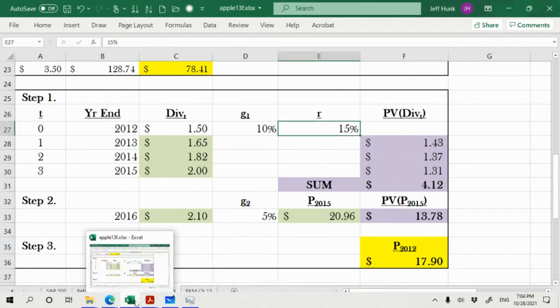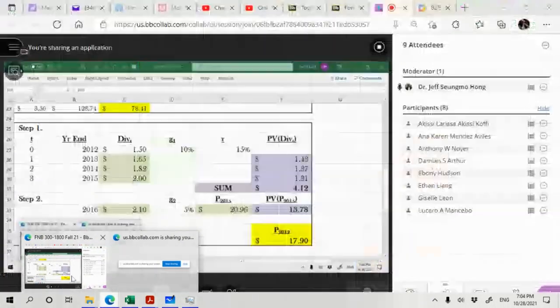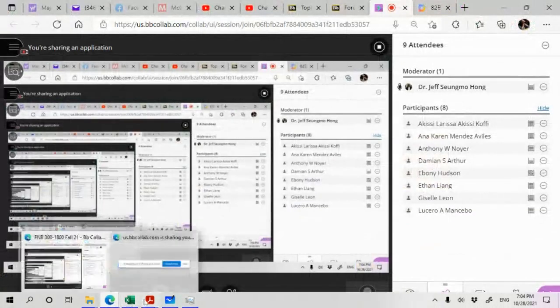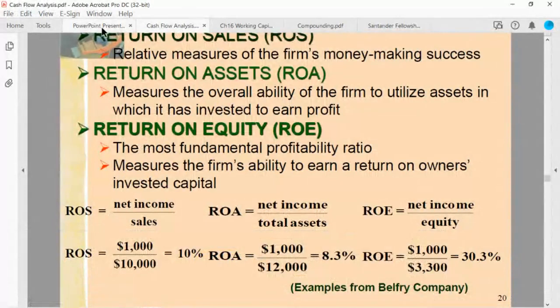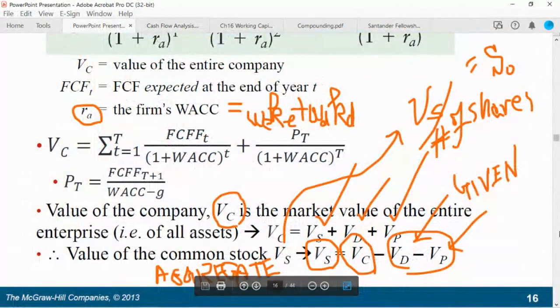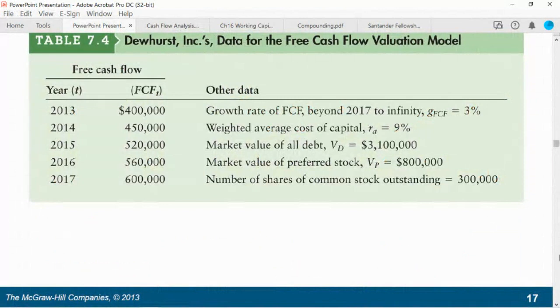So let's do the example. There are more advanced examples, but let's look into the basic example. So Dewhurst Inc.